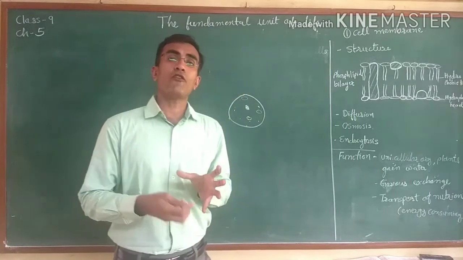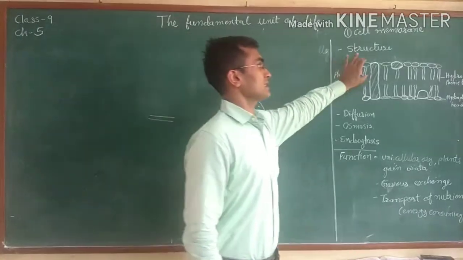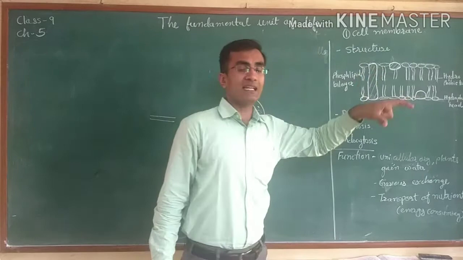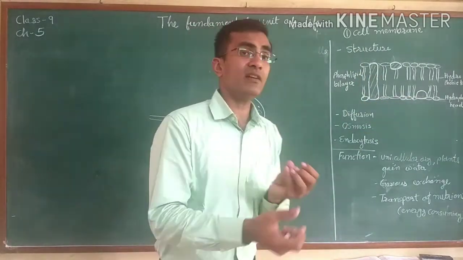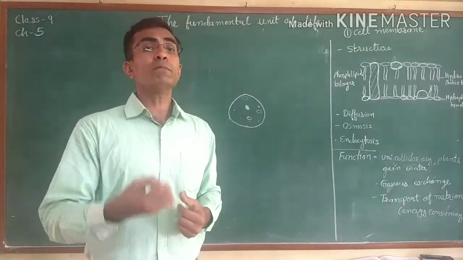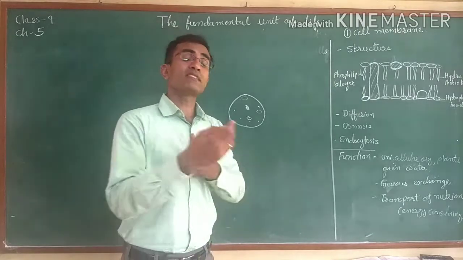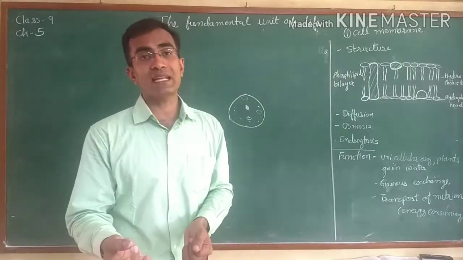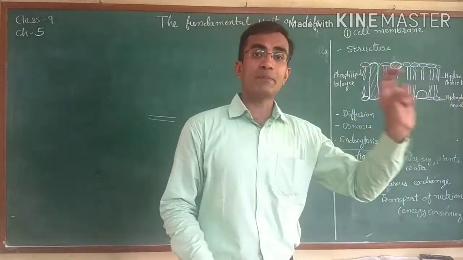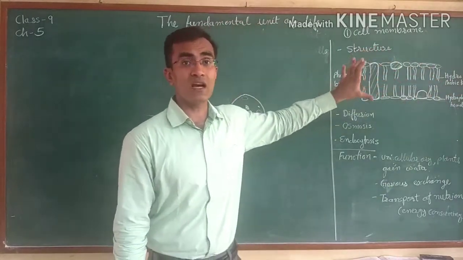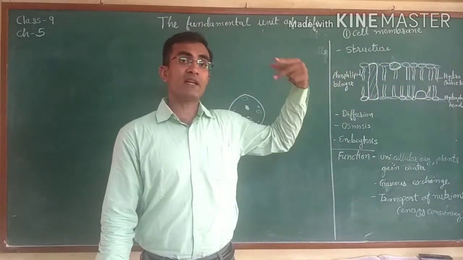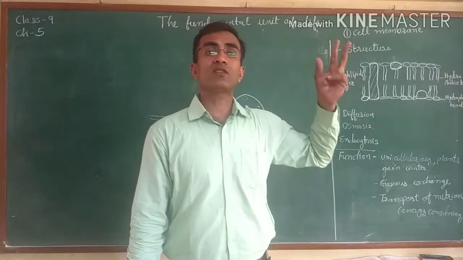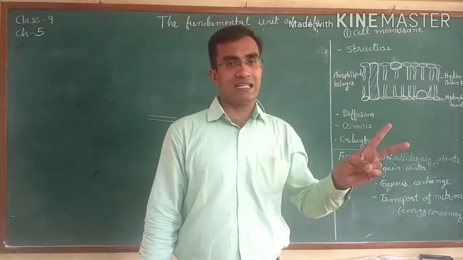That is why it is called the phospholipid. This is the phospholipid bilayer, and in this bilayer there is the presence of some proteins. As I said, the cell membrane is made up of protein as well as lipid. So the lipid part over here is a phospholipid, and it is made up of two layers. That is why it is called the phospholipid bilayer.